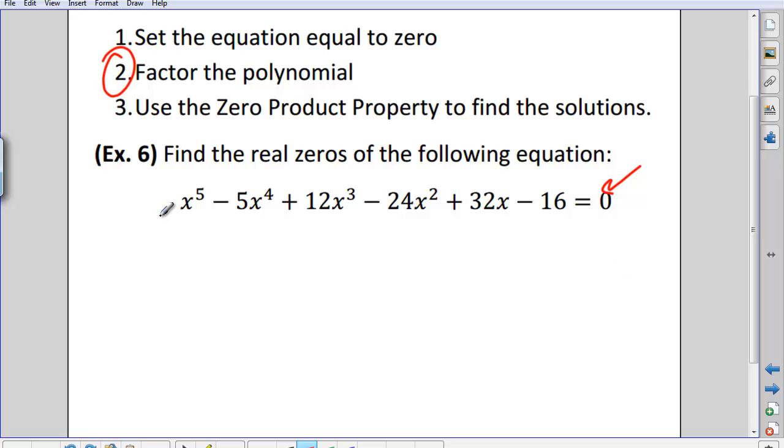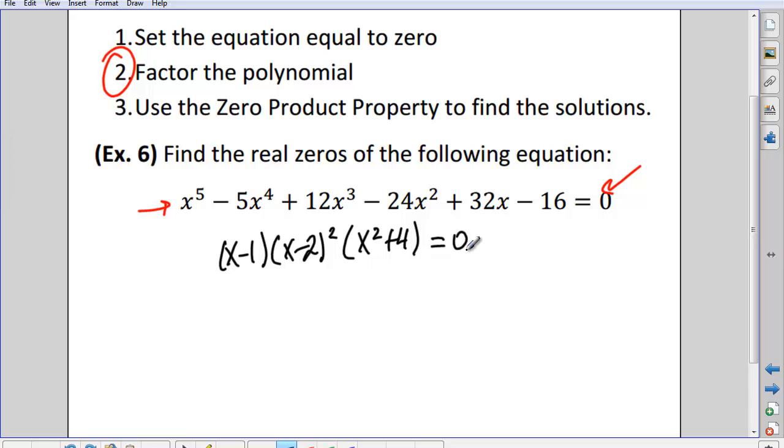Now, if you'll look real closely at this left side of that polynomial, that's the polynomial we just used in that previous problem, right? So we know that this is x minus 1 times x minus 2 squared times x squared plus 4. We just factored that in the last problem.